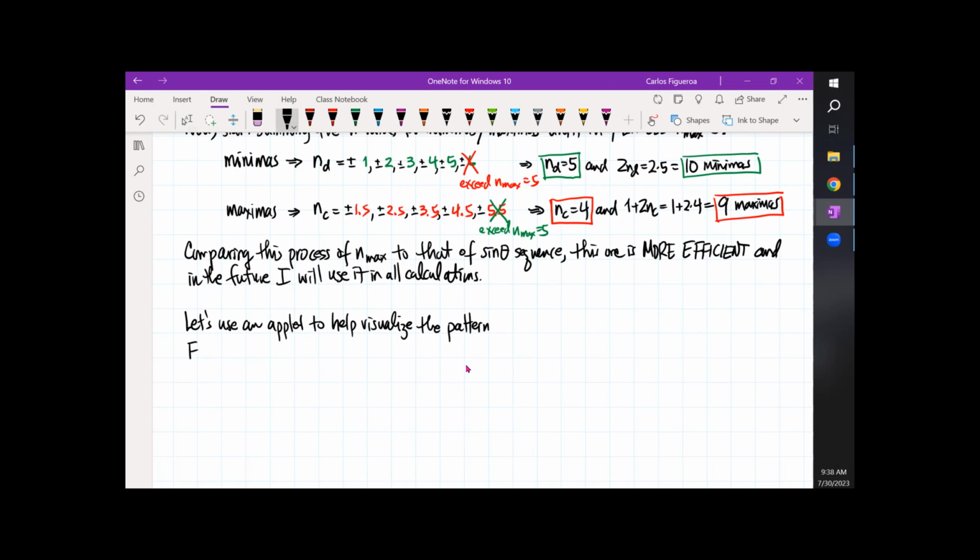But I'm going to use the applet by Vent, single slit diffraction. And as we've been doing all semester, you would go to the lecture page and find this applet. So let's go share that.